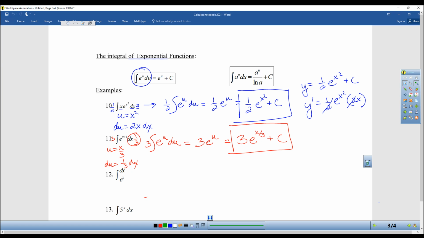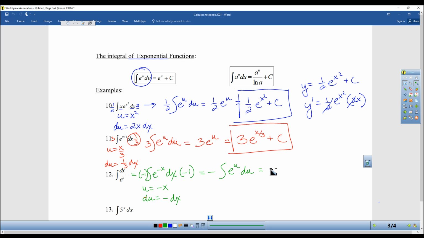So you're going to do this one the way you would anything that was in the denominator. You're going to move it to the numerator. And now your u is going to be negative x, and your du is going to be negative dx. I don't have a negative dx, so I add the negative, and I add the negative. Now I have e to the u, and all of this is my du.